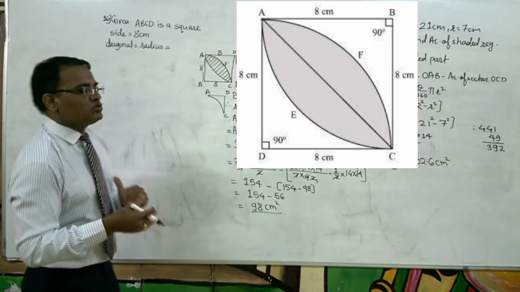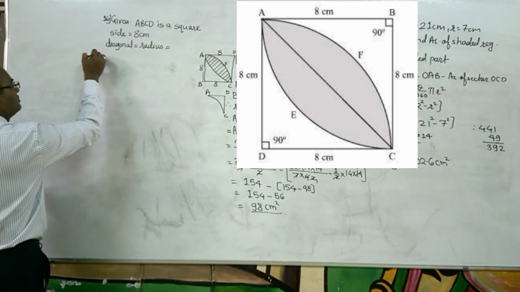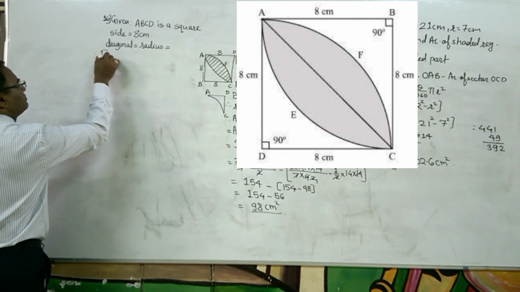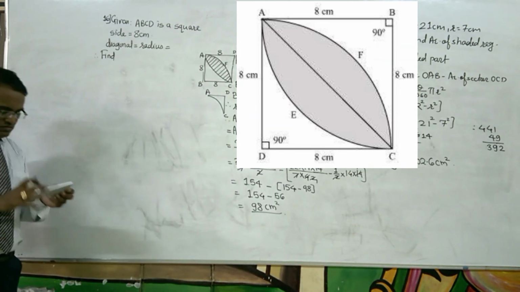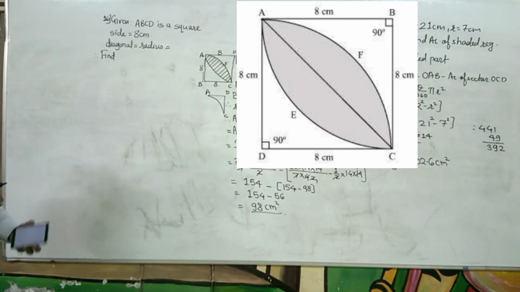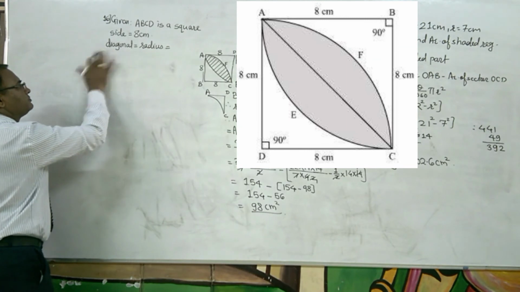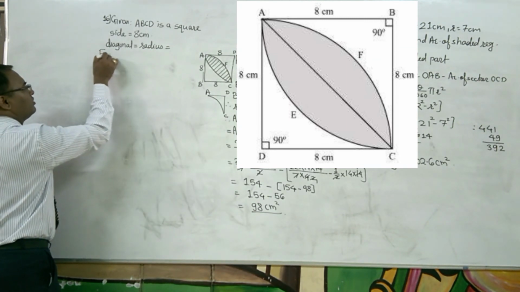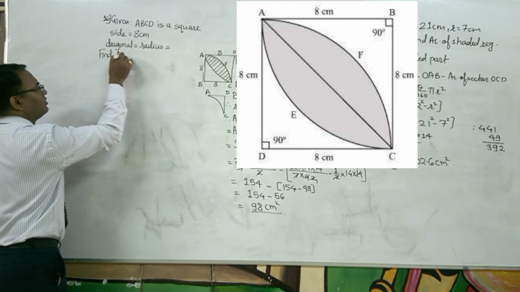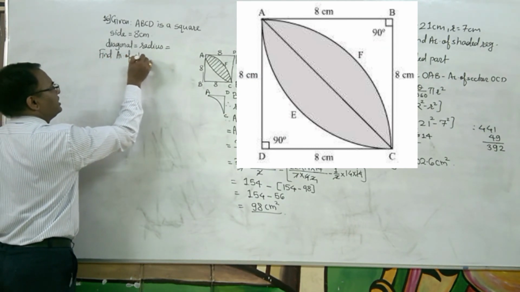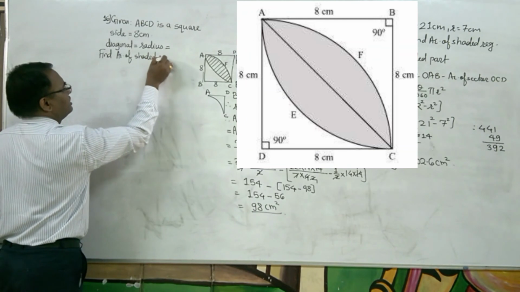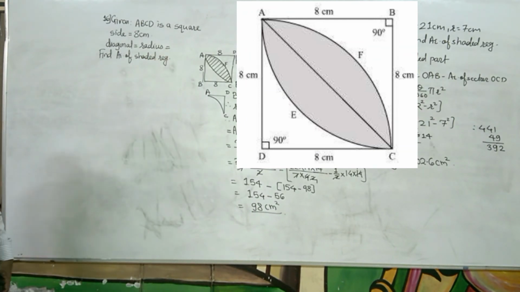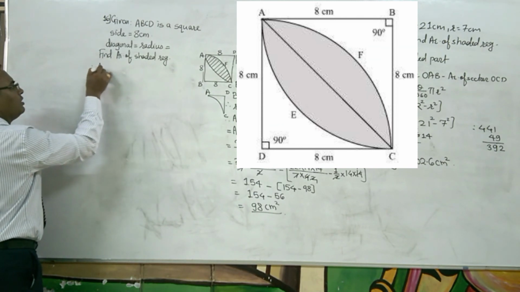Okay, so how to solve it? The question is, find the area of the shaded part or shaded region, right? Now how to do it? Simple.